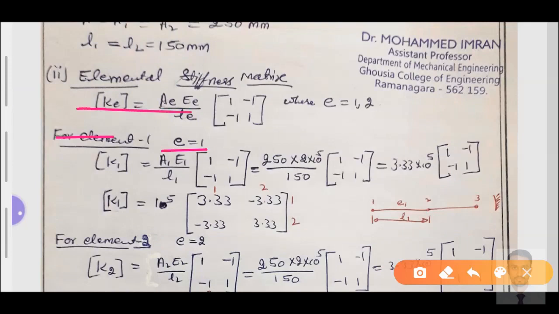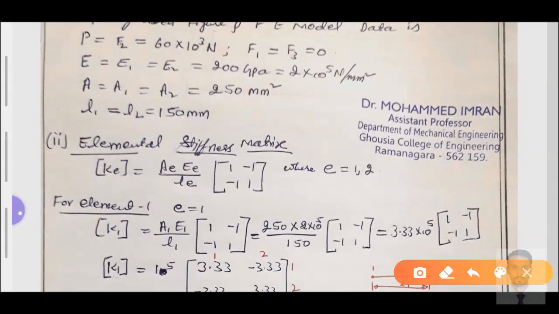Then this equation yields K1 equals A1 E1 divided by L1, times [1 -1; -1 1]. Substitute the values of cross-sectional area A1, E1, L1. We know here A1 is equal to 250 mm square, E1 is equal to 2 into 10 to the power of 5 Newton per millimeter square, and length L1 is equal to 150 mm. Calculate this value.